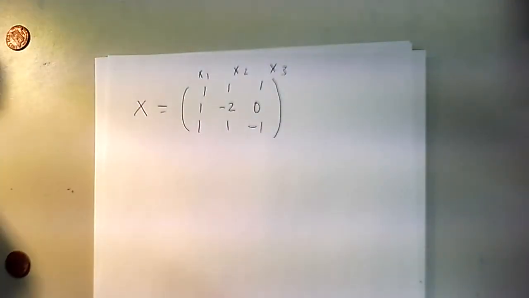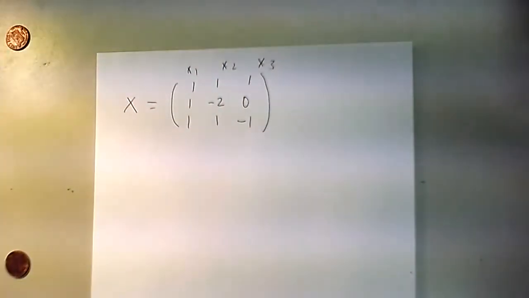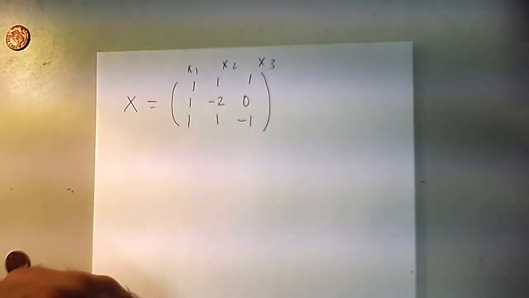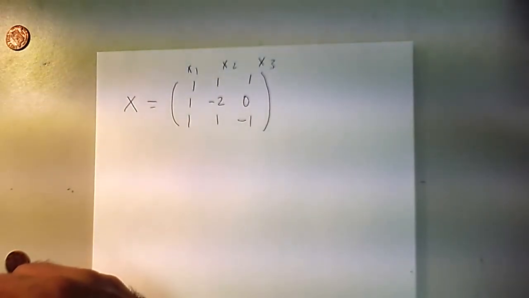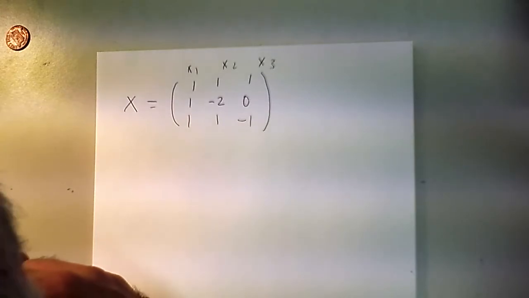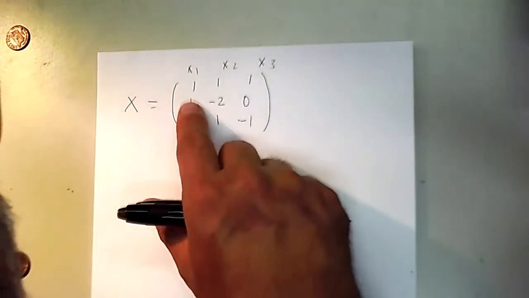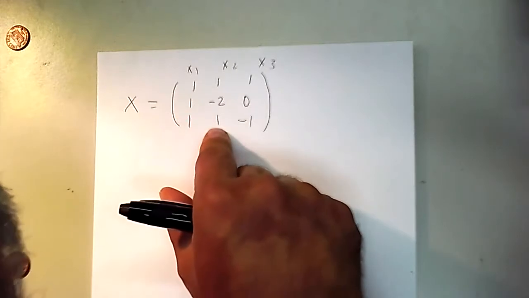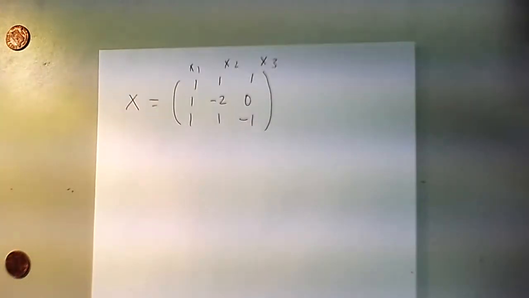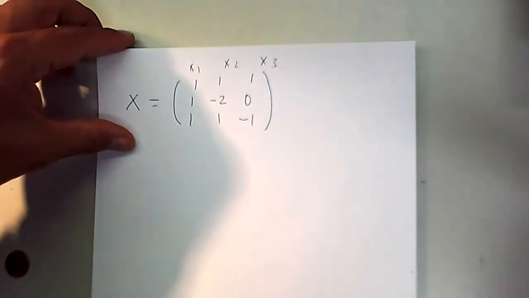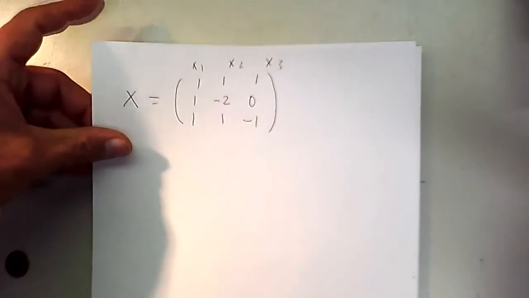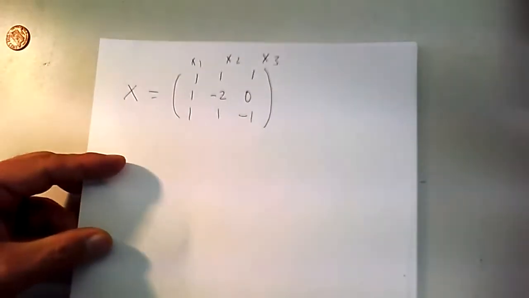I didn't check in advance whether this was going to be invertible. I'm going to use something like Gauss-Jordan elimination. Let me pause the video so I can find out whether this is even invertible. I think it is, but I don't know for sure.